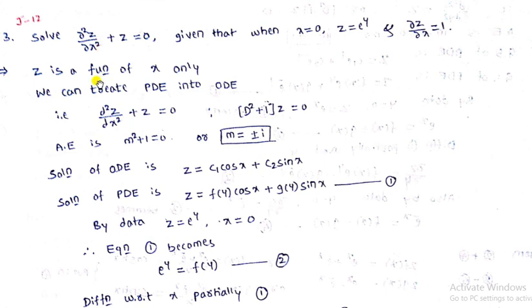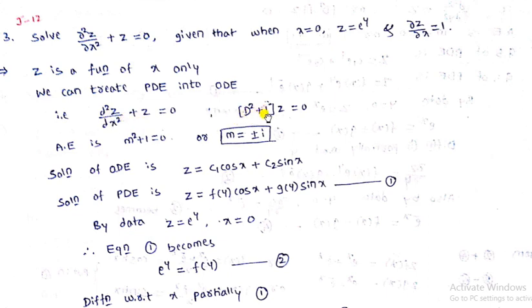So we convert the partial differential equation into an ordinary differential equation. So ∂²/∂x² becomes d²/dx², z plus z. Again express it in symbolic form, d²/dx² as capital D², and take z as common here.